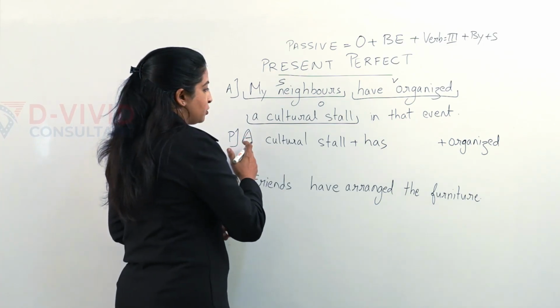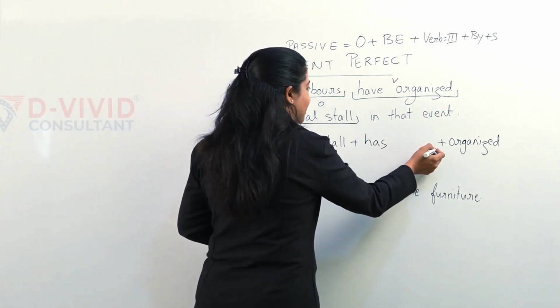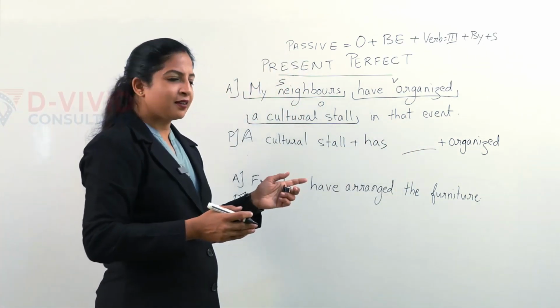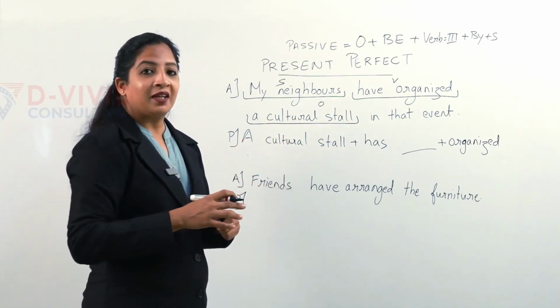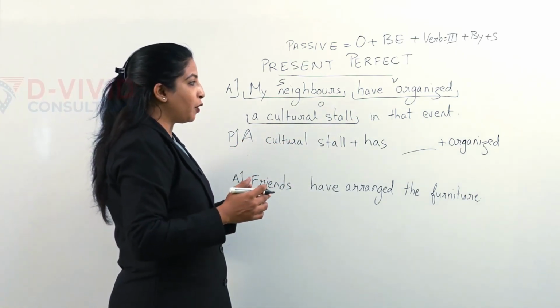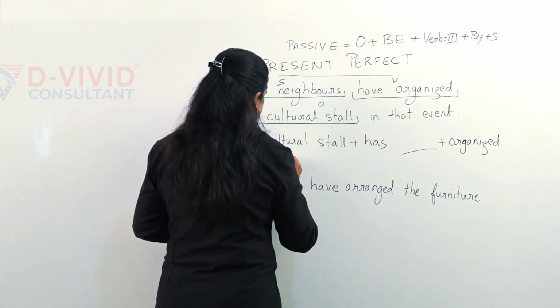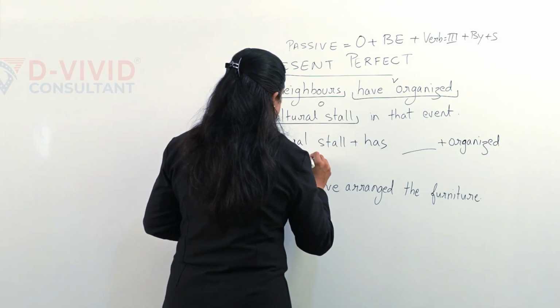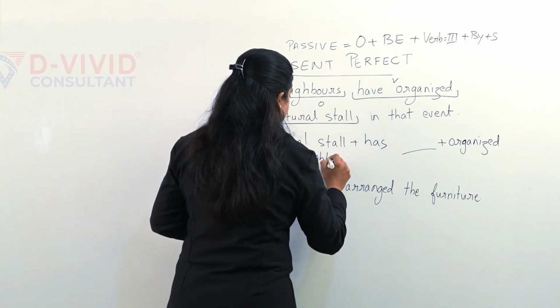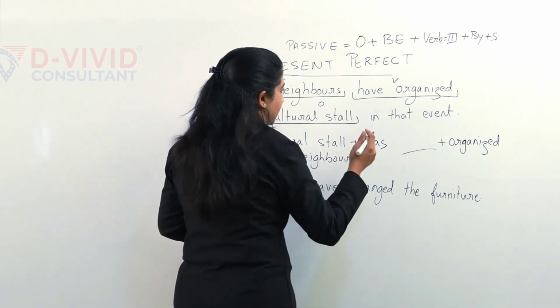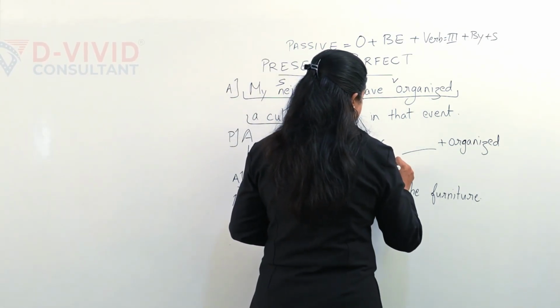by. So a cultural stall has, there has to be something there, some word there in the blank, and we have organized. Then we have by my neighbors. In that event.